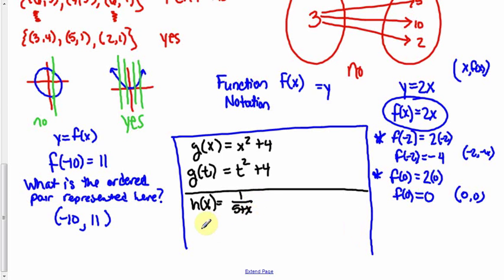And I said, I want you to find, or find is probably not the right verb here, but we're going to use it, find h of x plus 3. So what do I do with the x plus 3?